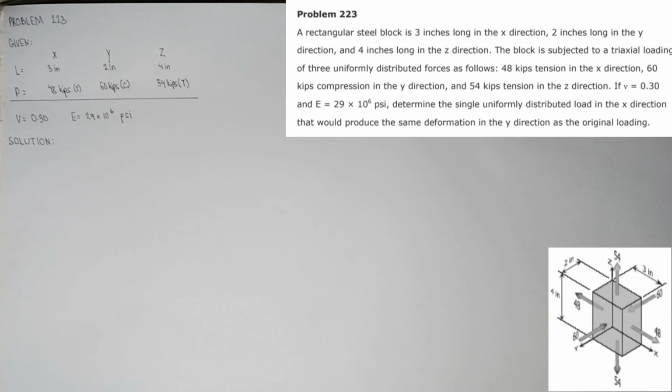So this is basically problem number 223 on the strength of materials book. The problem states: a rectangular steel block is 3 inches long in the x direction, 2 inches long in the y direction, and 4 inches long in the z direction.